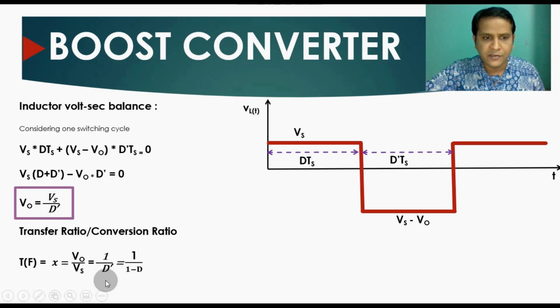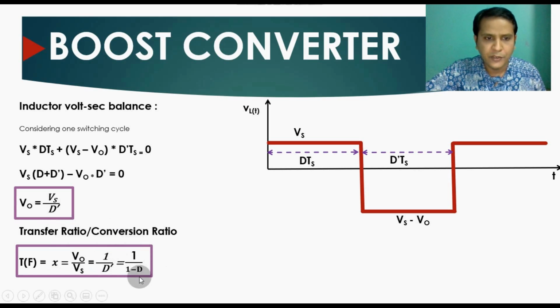If you further solve this, it equals 1 divided by 1 minus D. So this is a very important formula. The output voltage of boost converter is given by Vs divided by D prime, and the conversion ratio or transfer ratio of boost converter is given by 1 divided by D prime.